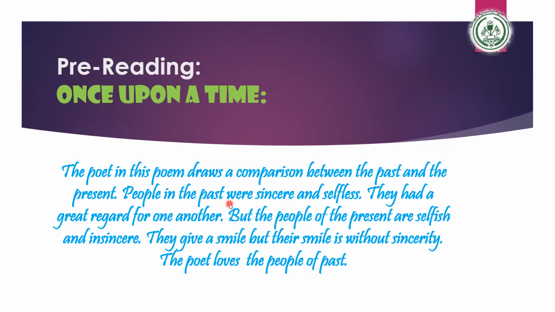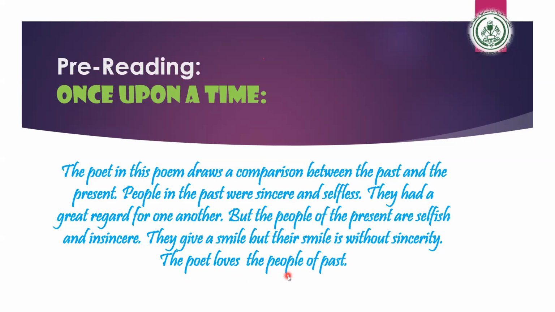People in the past were sincere and selfless. They had a great regard for one another, but the people of the present are selfish and insincere. They give a smile, but their smile is without sincerity. The poet loves the people of the past.